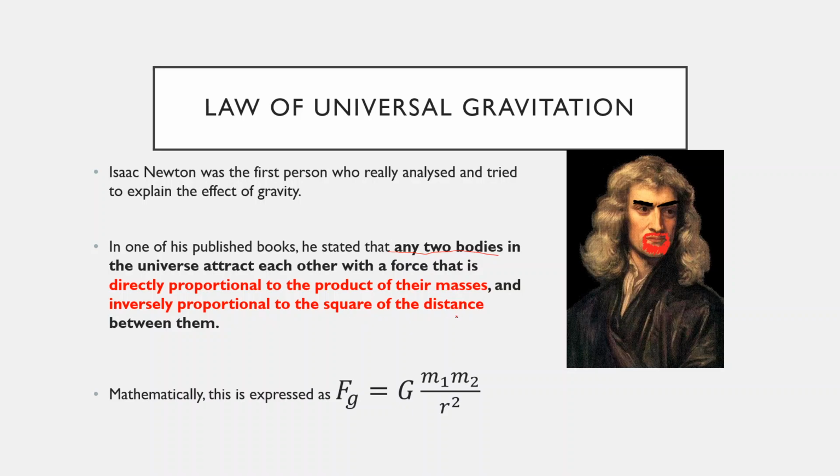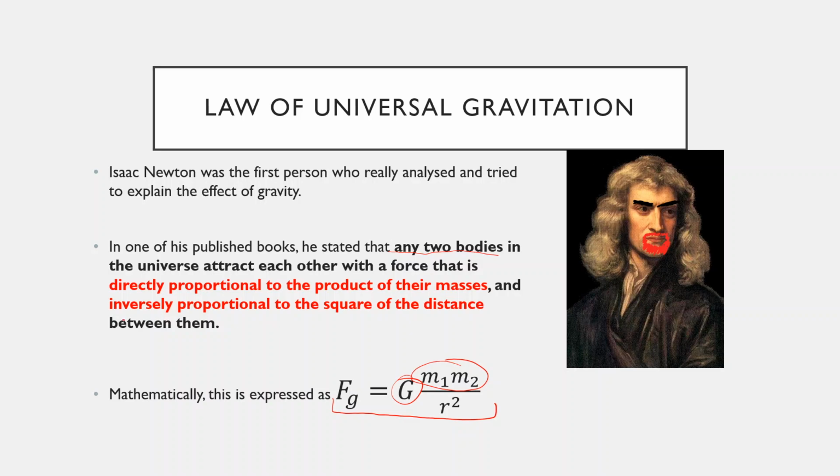Okay, now what we can do is sum all that up in a formula, and it's basically this formula here. Okay, so directly proportional to the product of their masses. So the force is equal to some number, which we've seen before, multiplied by the product of the masses of the two objects.